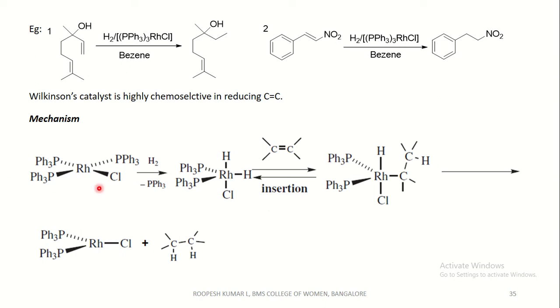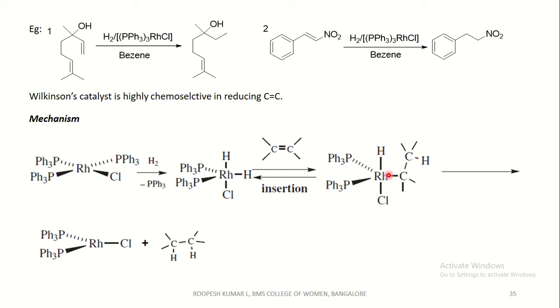Coming to the mechanism, this is Wilkinson's catalyst reacting with hydrogen. One molecule of triphenylphosphine, PPh3, is eliminated to form this compound. This, on insertion with the double bond, gives this one.